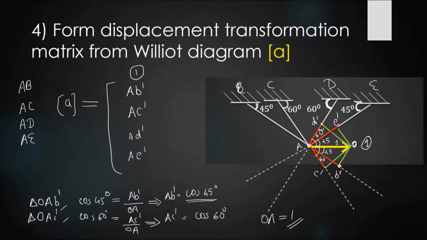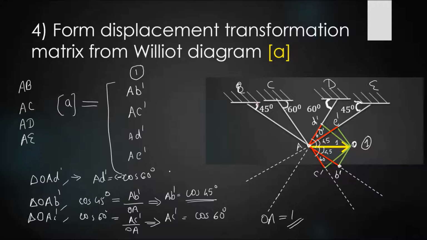Similarly, from triangle OAD dash, AD dash is equal to cos 60 degrees, but it was measured in the opposite direction of the extended line. So the extended line was this one and it was measured in the opposite direction. Therefore, I have to give it a negative sign.